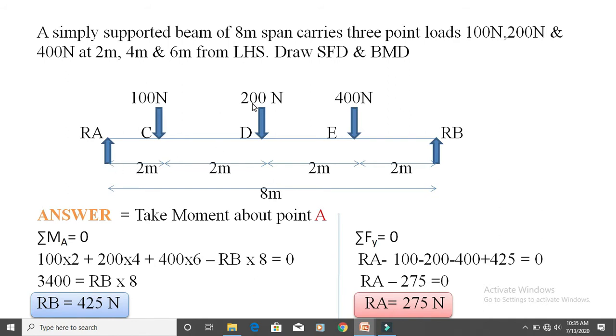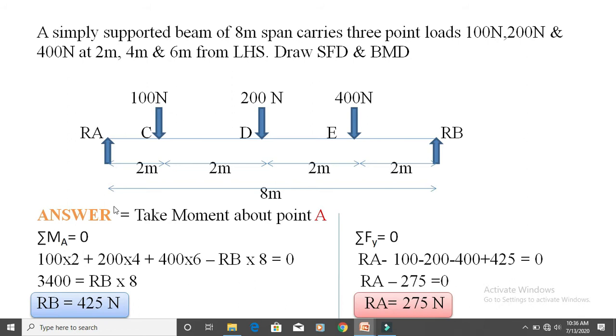The 200 Newton load is at 4 meter distance from the left support, from A to D is a 4 meter distance, and the 400 Newton load is at 6 meter from the left support. The total span of the beam, that is RA to RB, is 8 meter. And from this figure we have to draw SFD and BMD.